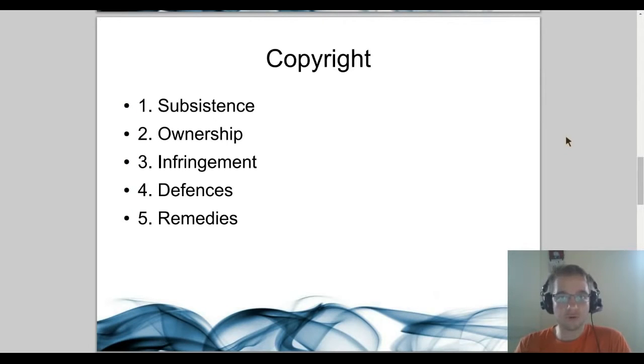So for original works, it's literary, artistic, dramatic, and musical works. For the Part 4 subject matter, these are the production copyright, the broadcasting copyright, the published edition, the cinematography, the films, and the sound recordings, and so on. So you need to know the difference, obviously, between Part 3 and Part 4.